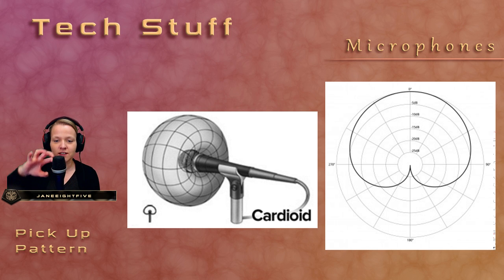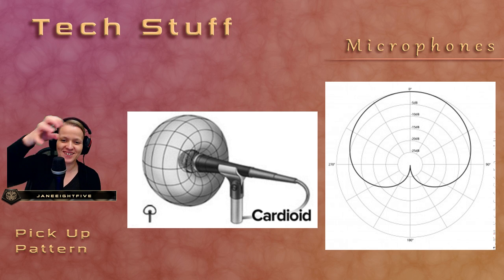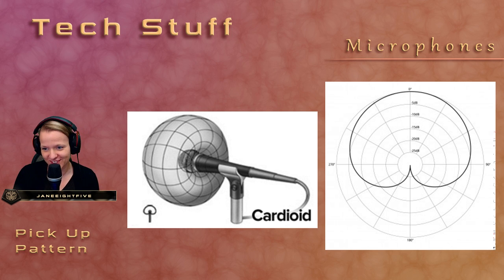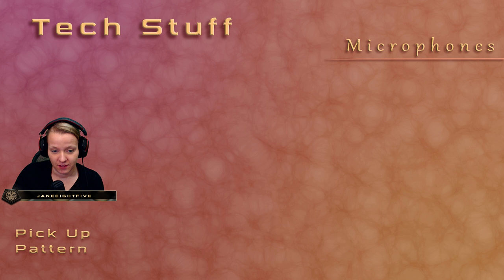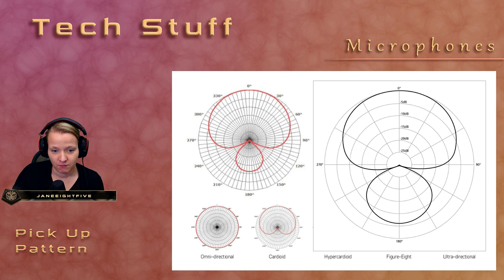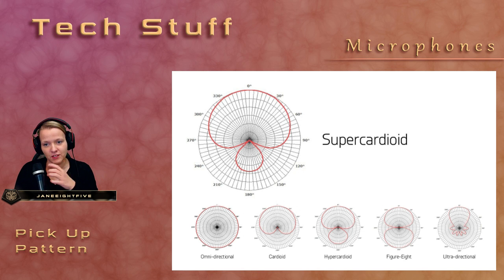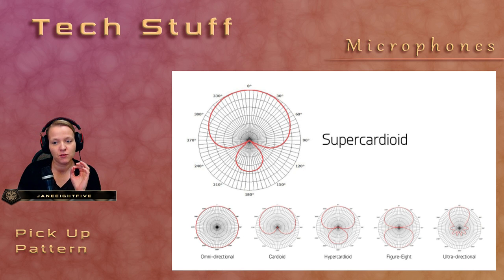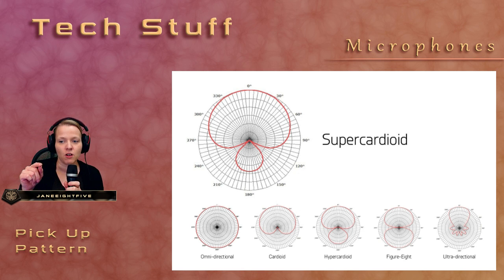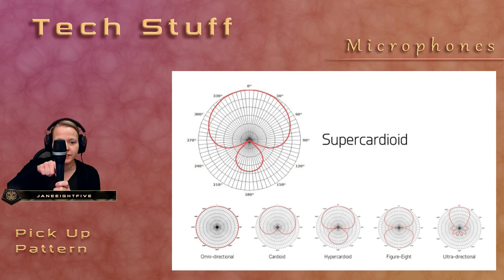So, omnidirectional and cardioid, it's almost the same, but you don't have this space here. So, the next one is, oh wait. So you have cardioid, and then you have two more. It's called supercardioid and hypercardioid. They're almost the same, only the space here is a bit different.